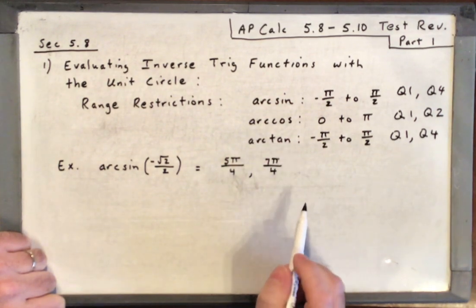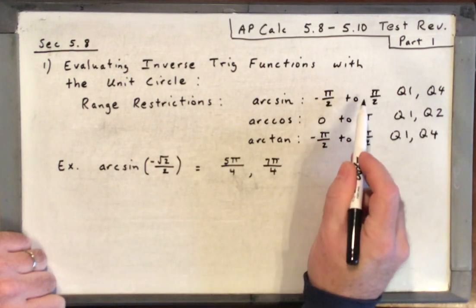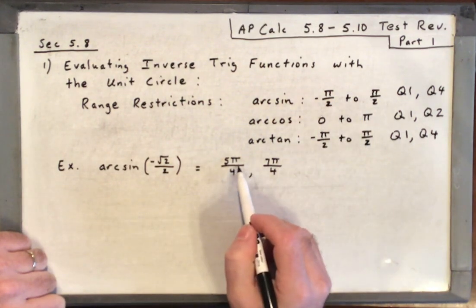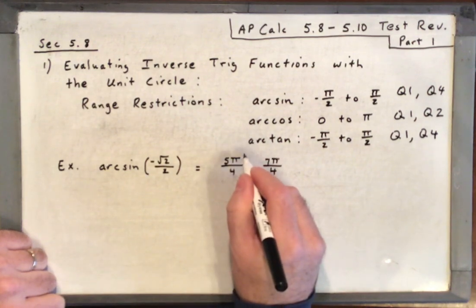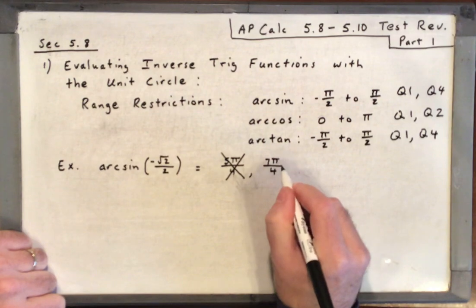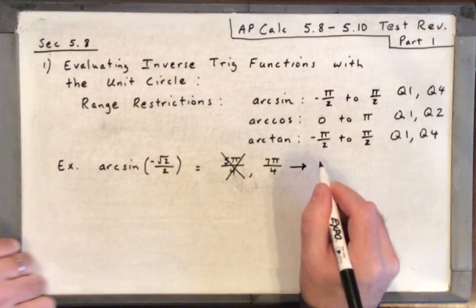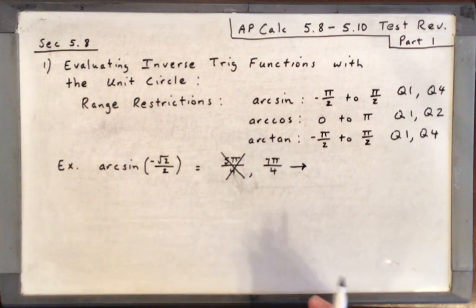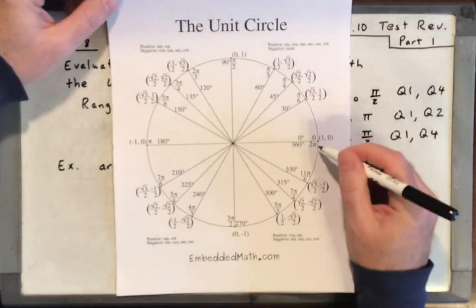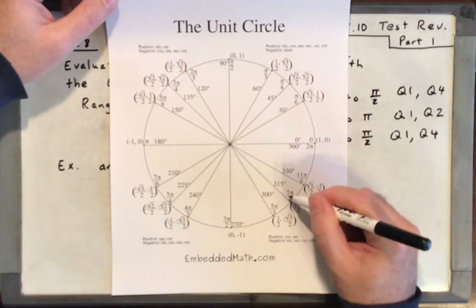Now, first of all, both of those are outside the range. 5 pi over 4 is totally out because it's in quadrant 3. 7 pi over 4 is in quadrant 4, so I have to write this in a different way. We can write 7 pi over 4, if we go this direction, as negative pi over 4.